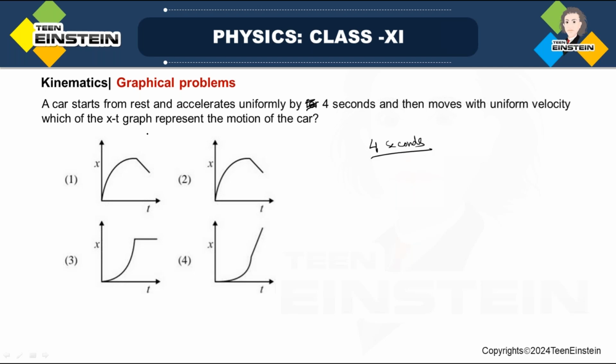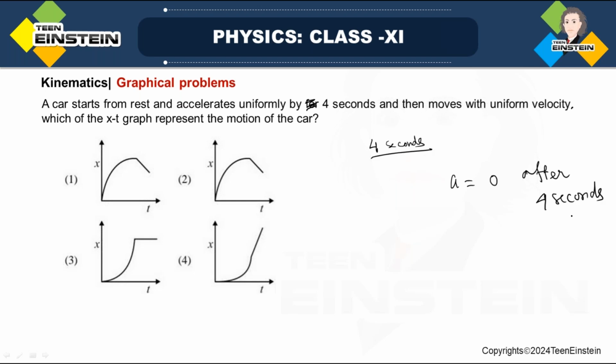So which of the xt graphs represents the motion of the car? See, the car is accelerated up to 4 seconds, and thereafter the car moves with uniform velocity. That means acceleration becomes zero after 4 seconds.